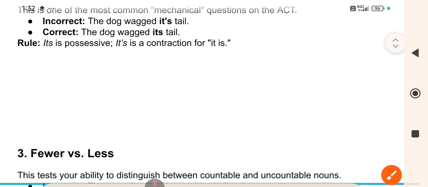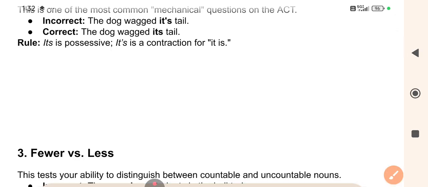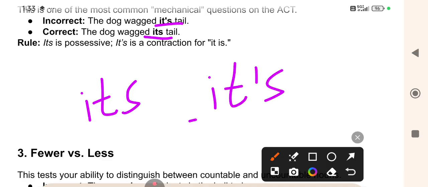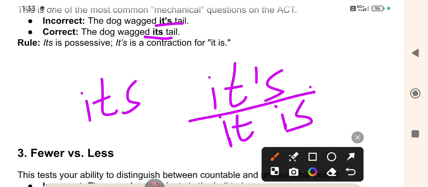For example, the dog wagged its tail. The structure is different for this its and this it's. This it's is the short form or abbreviation of it is, right? So here the dog wagged its tail. Which tail? Its tail, right?